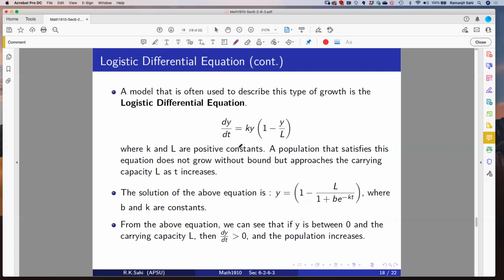And this is given by this formula, dy by dt equals k times y, times 1 minus y over L. Here, k and L are two constants. They're positive. A population that satisfies this equation does not grow without bounds, but approaches the carrying capacity L as t increases.